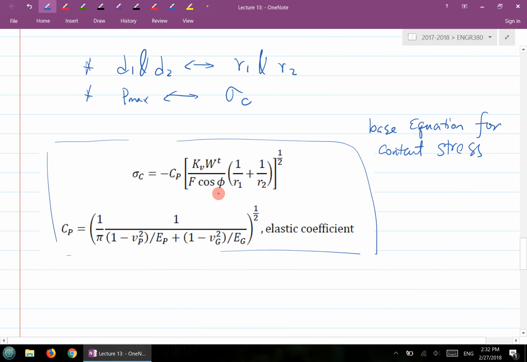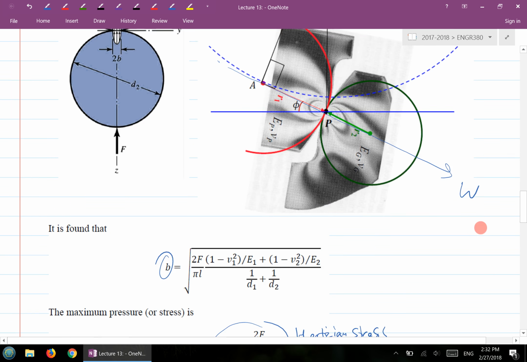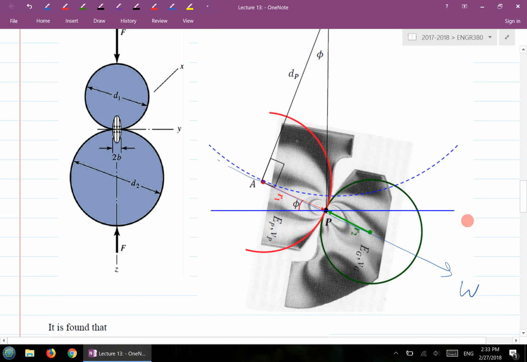R1 and R2 here are the approximate radii of the gear teeth, which can be calculated using the geometric relationship related to the pitch diameter and the pressure angle.